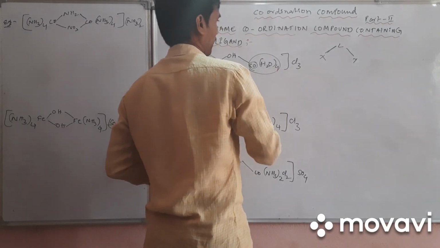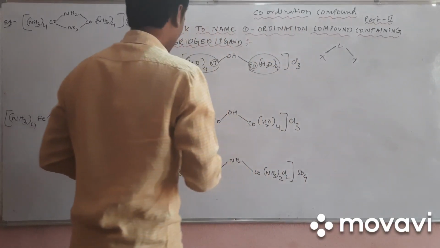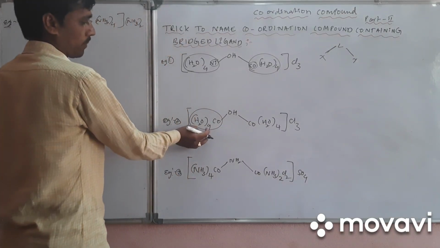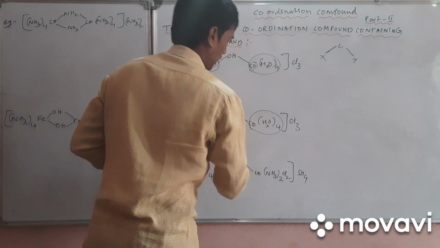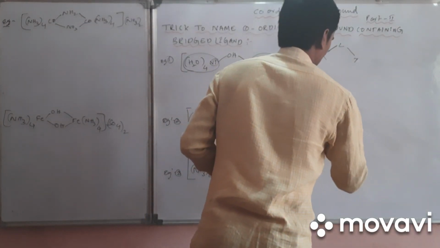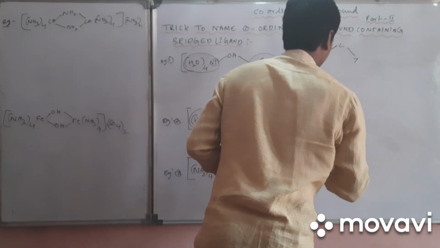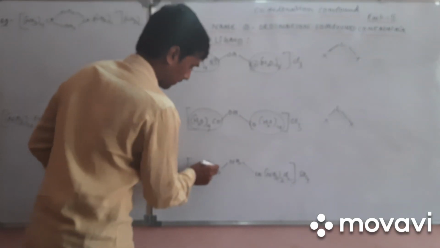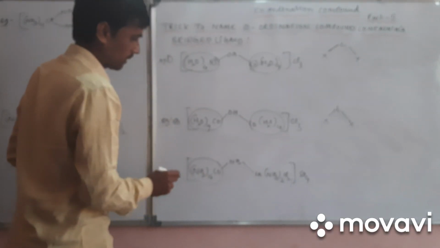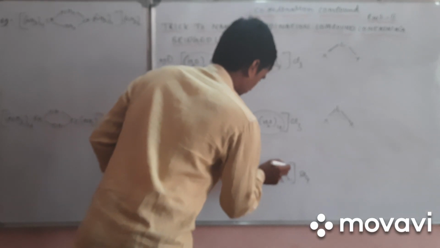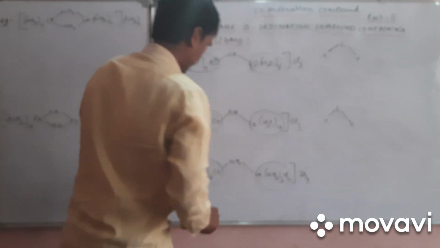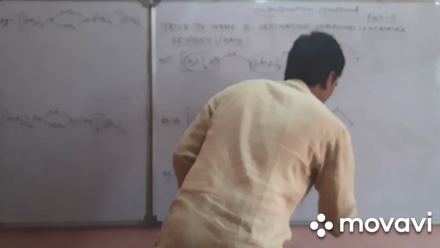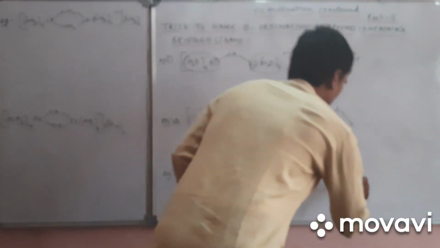It is a different one, that's why we are using Y. Next, in this case, this part is the same as this one, that's why we are using X. This is also the same, that's why we are using X, connected with one ligand, that is hydroxyl ligand L. This is the same as this one, this is different, that's why we are using X joined with ligand L. Next, this is different.